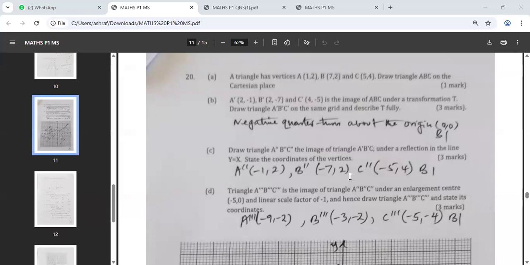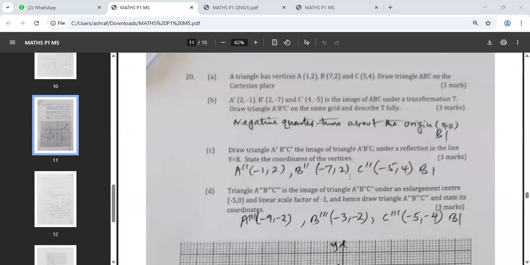Can you repeat that fraction part? For the fraction, I've said if the scale factor is a fraction, like a proper fraction such as a half, whether it is positive or negative, the process of enlargement is the same, but the image will be smaller than the object. So if it's a positive half, for example, you still measure from A to O, the center, and then multiply the distance by a half.